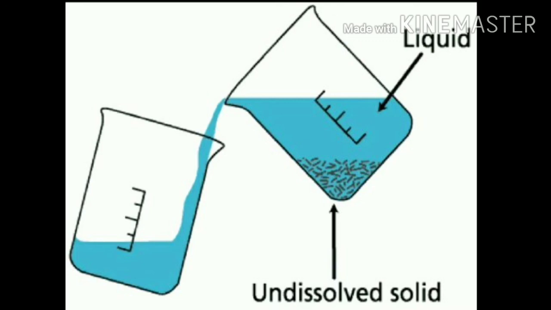In decantation, without disturbing the undissolved solid particles, meaning the soil particles, we separate the upper layer. Here we can also use a glass rod, on which we rest the flow, and very slowly we have to separate this layer, because we don't want to disturb the solid which has settled down.